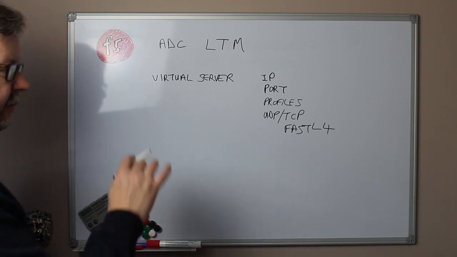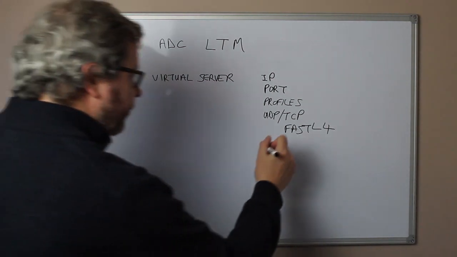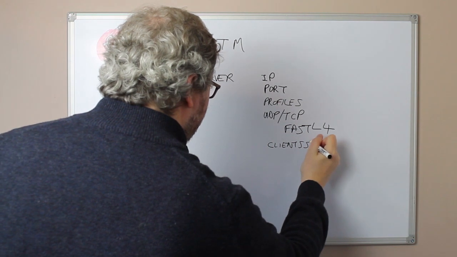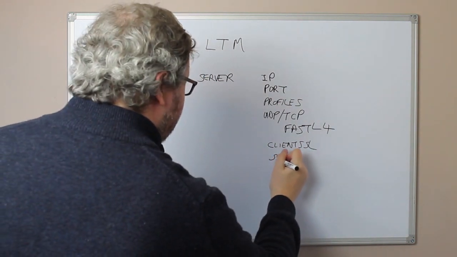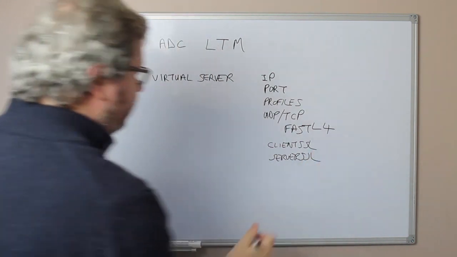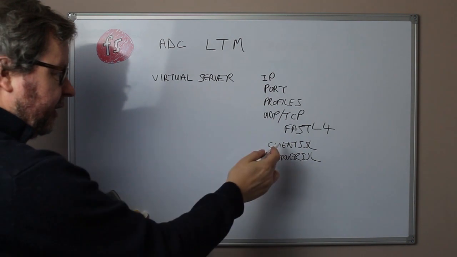As well as these networking profiles, the two other most common profiles we'd use would be the client SSL profile and a server SSL profile. These can be used for offloading SSL connections.